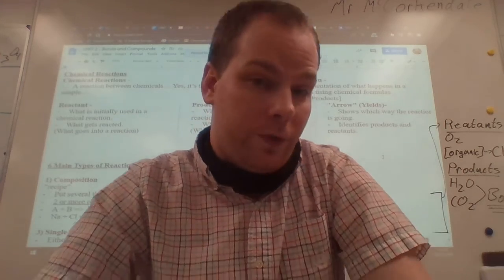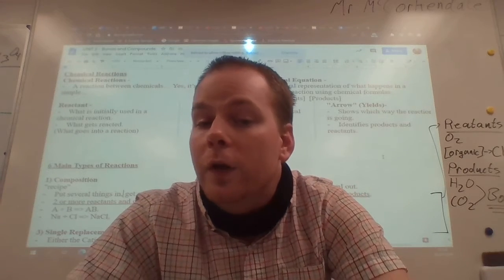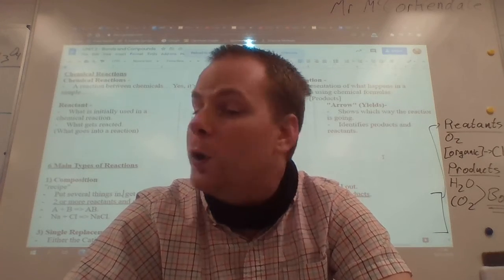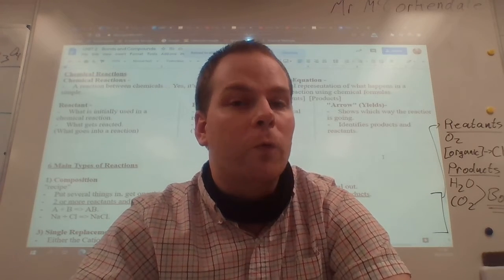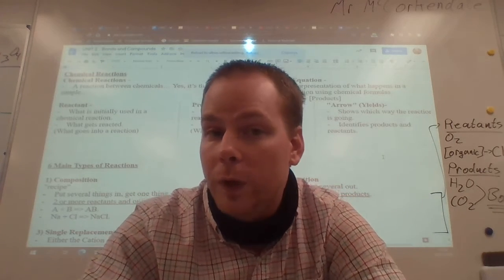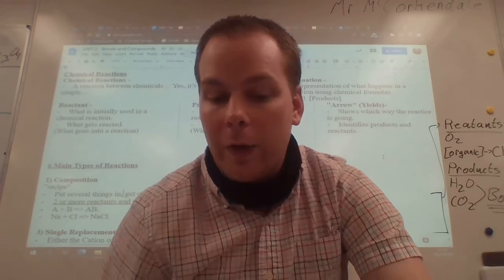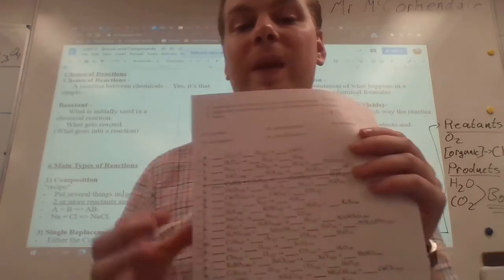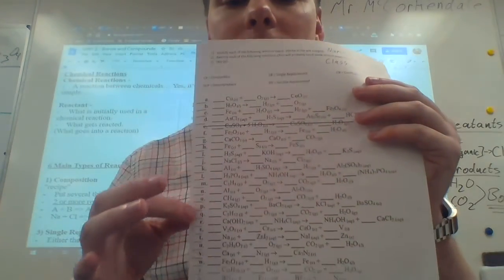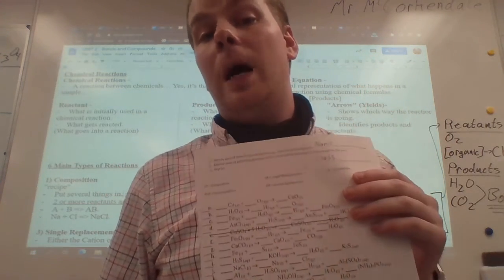A decomposition reaction is the opposite of a composition reaction. So a composition reaction has 1 product. A decomposition reaction has only 1 reactant. So that's what you want to put down for decomp, is that there's only 1 reactant. Now, what I want you to do is pause this video and go through and identify all of these, which are composition and decomposition.